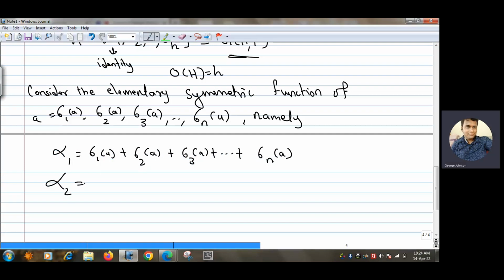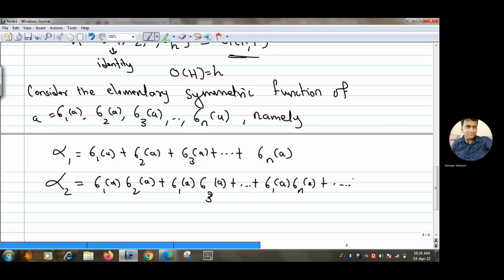Alpha 2 will be the sum of products of two elements at a time, that is sigma 1(A) sigma 2(A) plus sigma 1(A) sigma 3(A), and so on, up to sigma 1(A) sigma h(A), and then sigma 2(A) sigma 3(A) plus sigma 2(A) sigma 4(A) plus sigma 2(A) sigma 5(A), and so on.